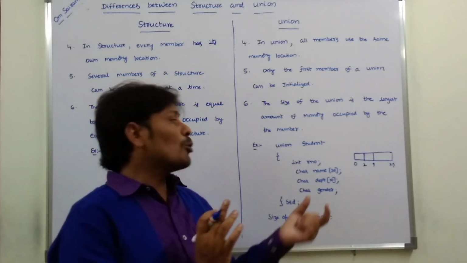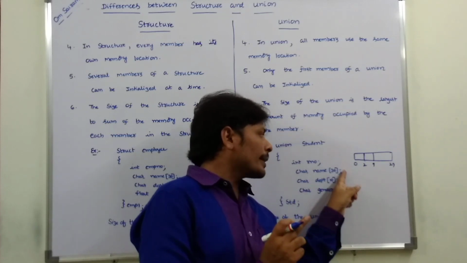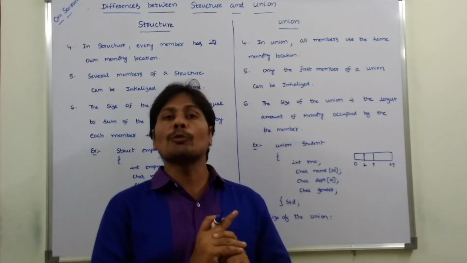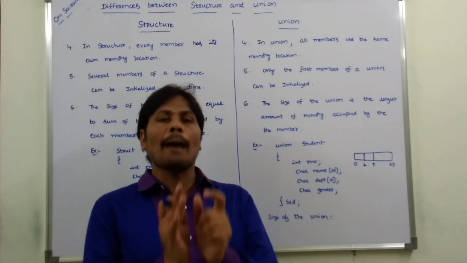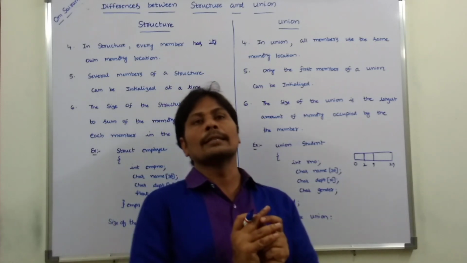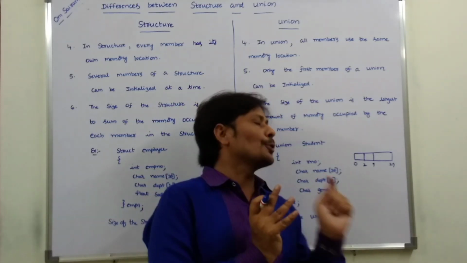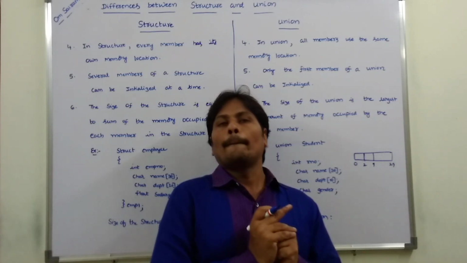So how much memory is allocated? Among all the members of the union, the member with the largest size determines the amount of memory allocated by the union. So all the members use that same memory for storing the values.